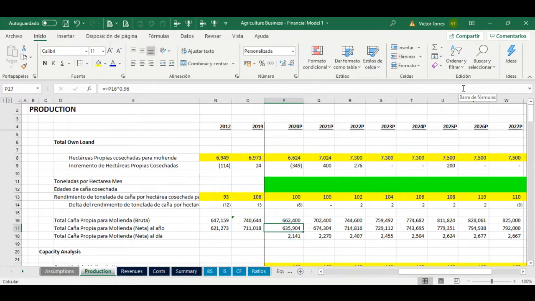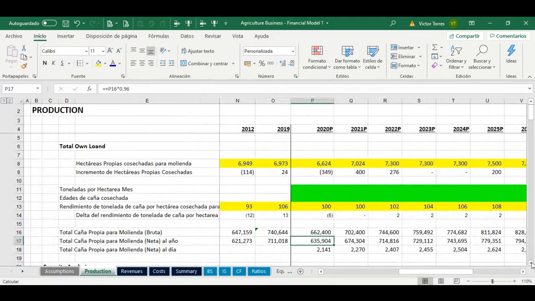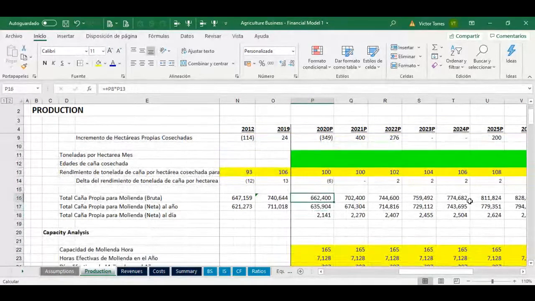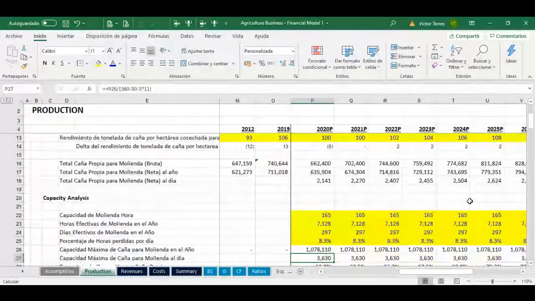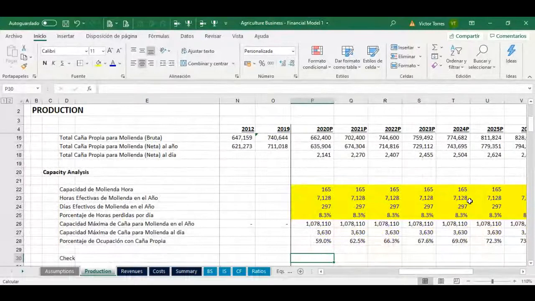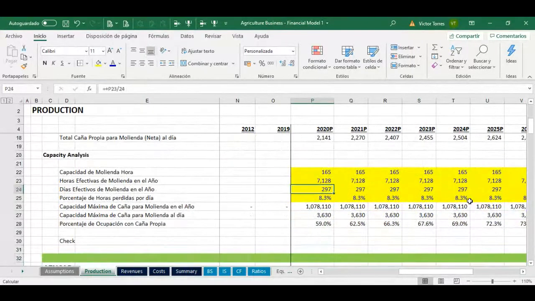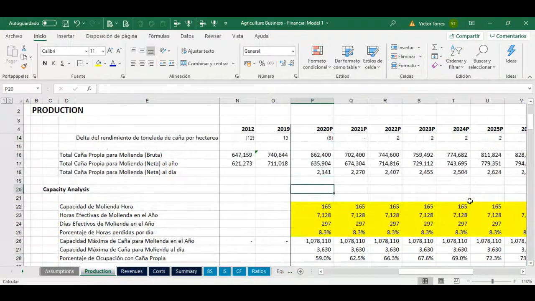As part of that, there's usually a decrease, a certain amount of grinded sugar that is lost. It appears right over here that 4% is expected to be lost through the production process. But you also need to put, by the way, I'm just going to go very quickly over this, here is a capacity analysis to figure out if we are going to be capable of grinding all this sugar cane, moliendo toda esta caña de azúcar.